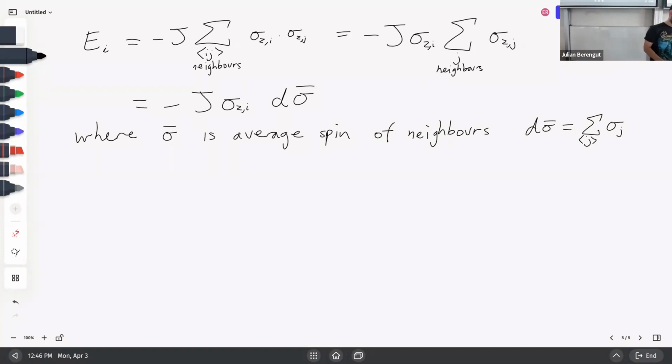Now let's work out the partition function for that one spin. For the ith spin, Z i equals either that spin is going to be up, e to the minus beta D J sigma bar, or its spin is in the other direction.